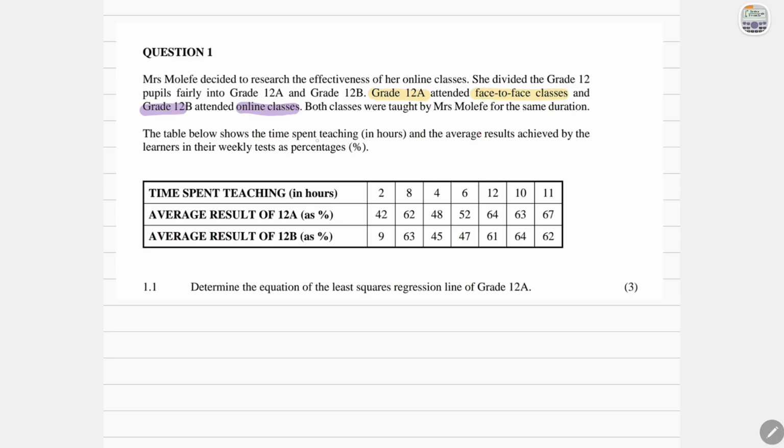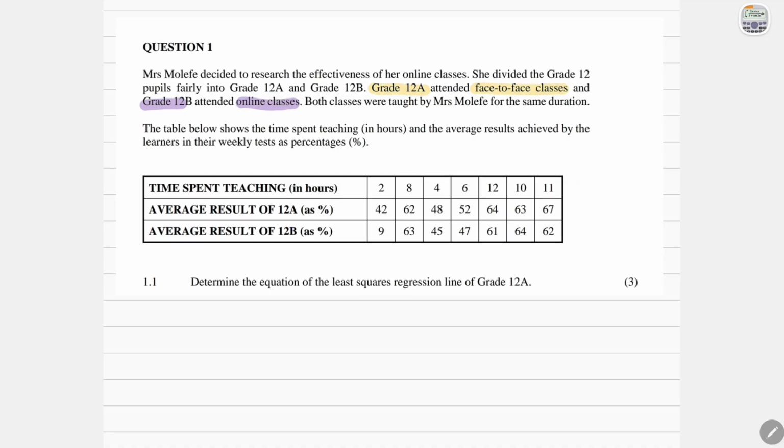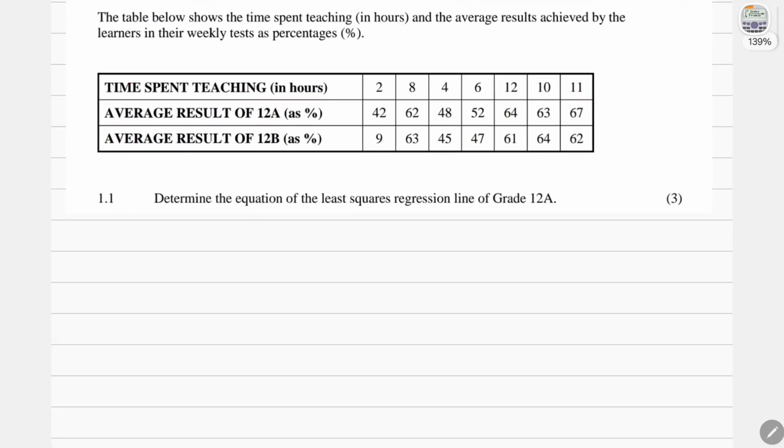The table below shows the time spent teaching in hours and the average results achieved by the learners in their weekly tests as percentages. Okay, so 1.1 says, determine the equation of the least squares regression line of grade 12A.